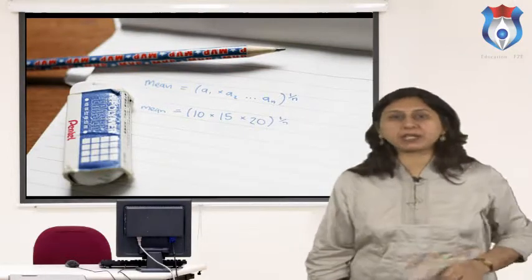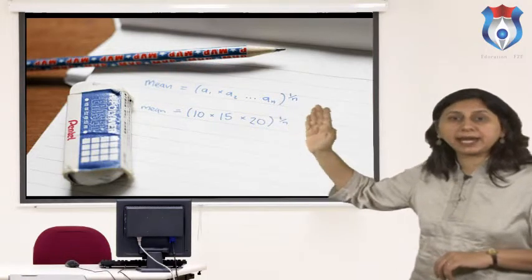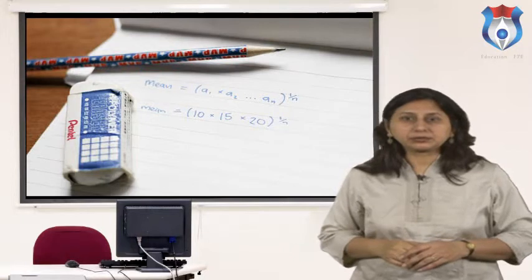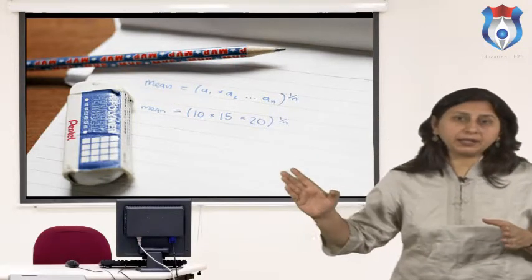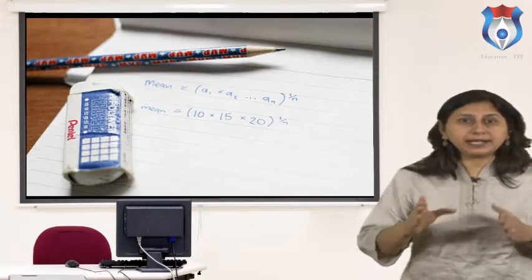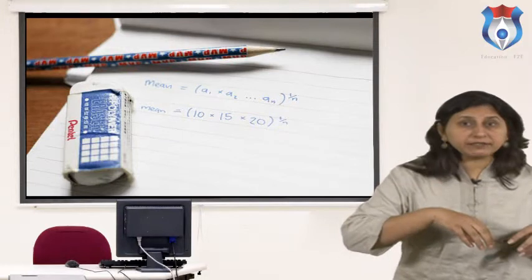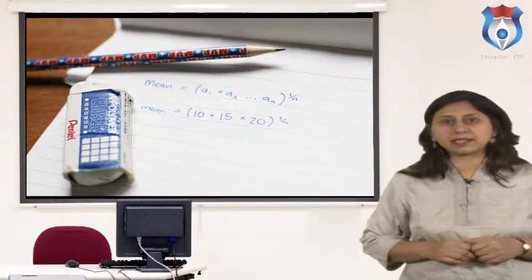Insertion of geometric means. Let G1, G2 ... Gn be the n geometric means between A and B. Then A, G1, G2 ... Gn, B are in GP. Let r denote the common ratio of this GP. Including the given terms A and B, there are n+2 terms in this.